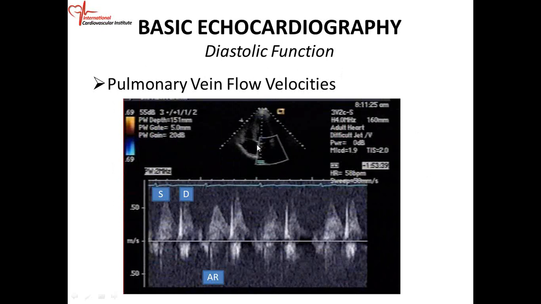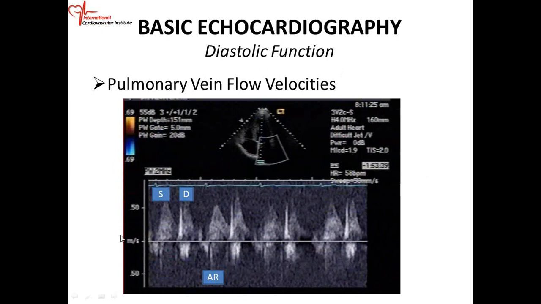So if you remember your apical 4-chamber view, you have one pulmonary vein right there and another right there. Okay, this is your right superior, and there's your left superior right over there. So yeah, people commonly use this one. So the cursor sample volume is right there, and it's a pulse wave Doppler measurement.